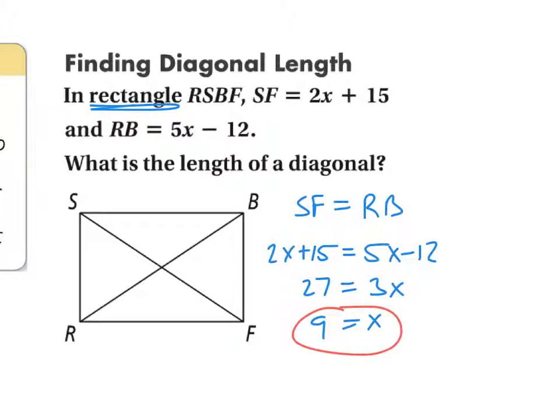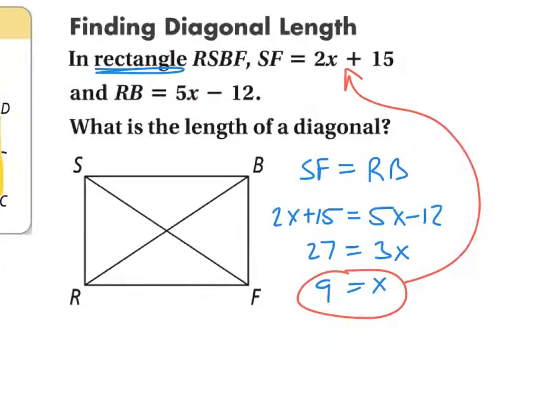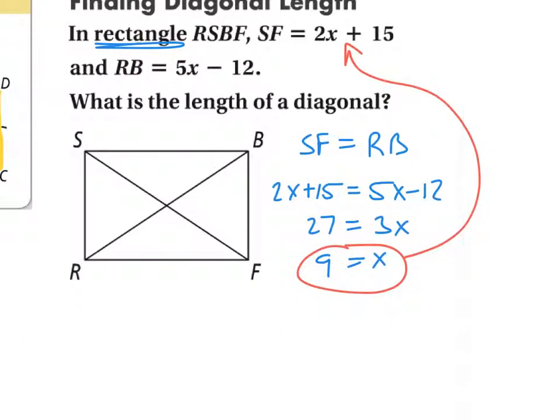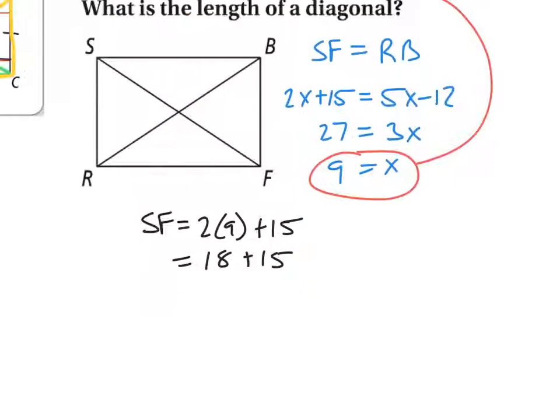Take the value of x we just found and plug it into one of those expressions. So, SF equals 2 times 9 plus 15. 18 plus 15 gives us what? 33.